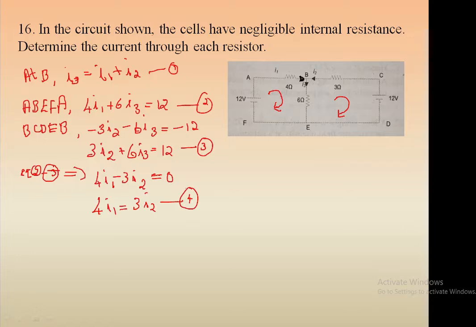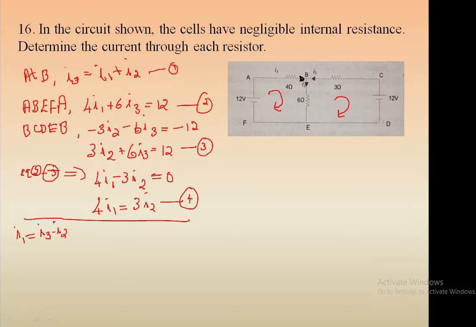Now we have equations number 2 and 3. Let us substitute equation number 1 in equation number 2. From equation number 1, I1 is equal to I3 minus I2.